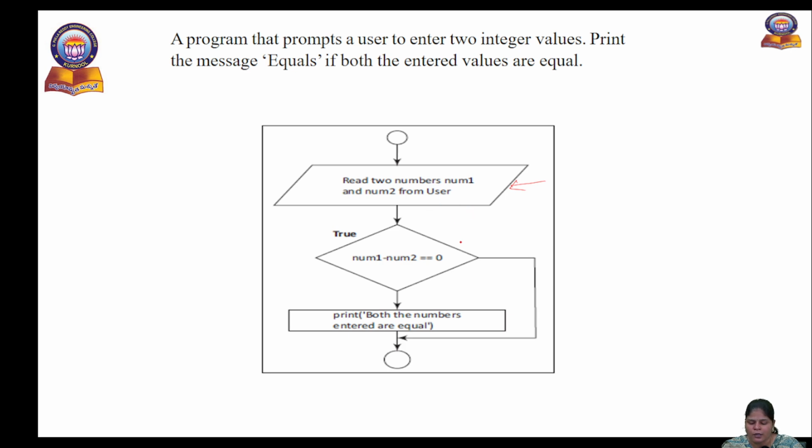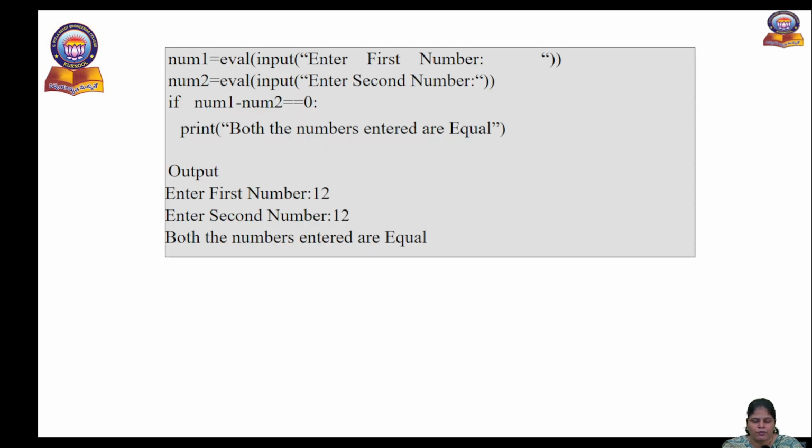After that, I need to check for equality. If the 2 values are equal, then the difference between them will be 0. So num1 minus num2 equal to 0. That means if it is true, then "both numbers entered are equal" will be printed. Otherwise, I will exit from the if. Right?